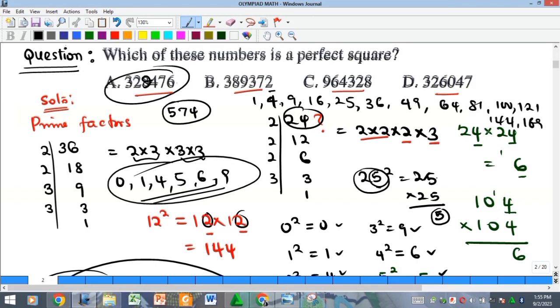All of these are perfect squares, and all their last digits are members of these 6 digits. That's exactly what this examiner is expecting from you, because trying to do all of this using the prime factor approach is going to take a lot of time, and that would not allow you to do well in this exam.